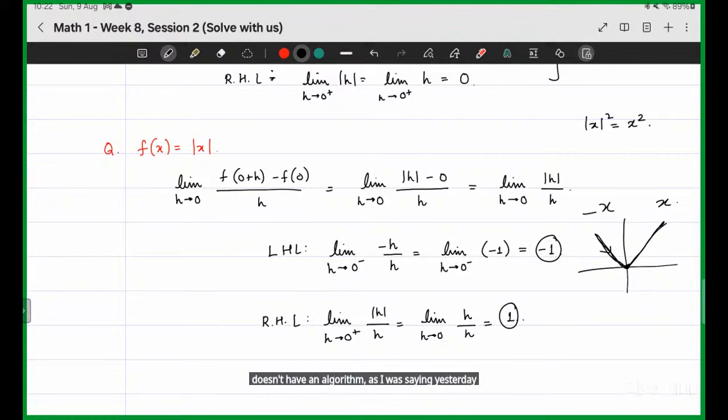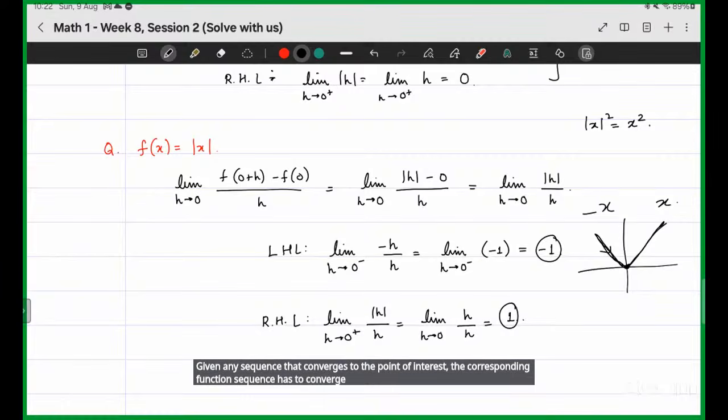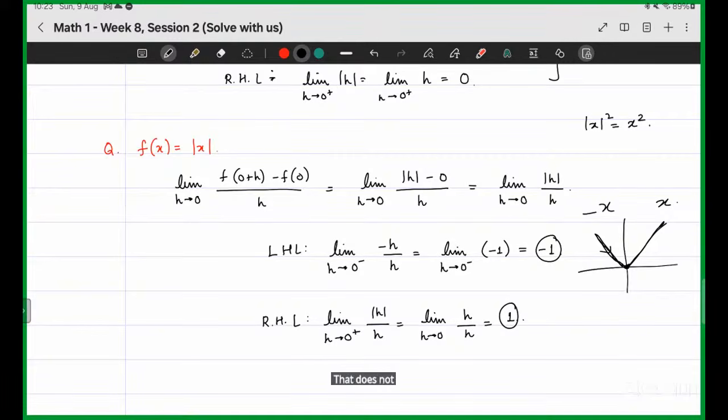The definition says that you have to prove that given any sequence that converges to the point of interest, the corresponding function sequence has to converge to one particular limit. So if you want to say the limit does not exist, one way to do it would be to provide a sequence for which the function sequence does not converge, or to provide two sequences which converge to different limits.